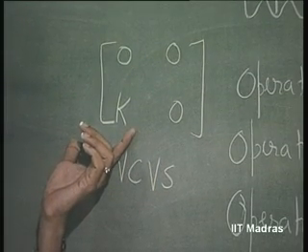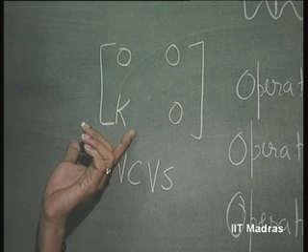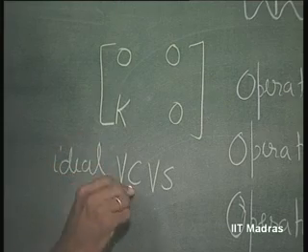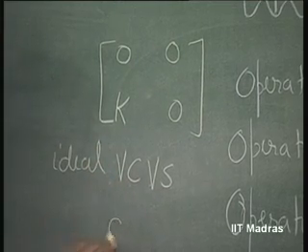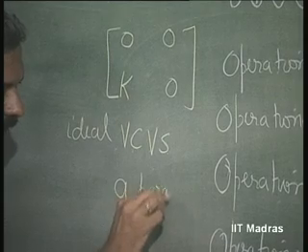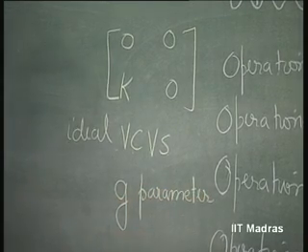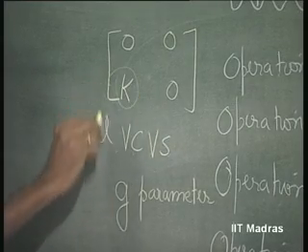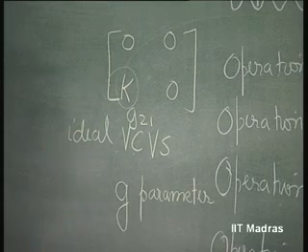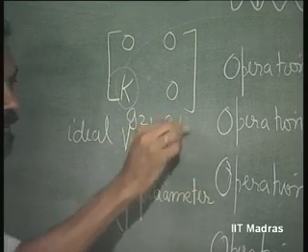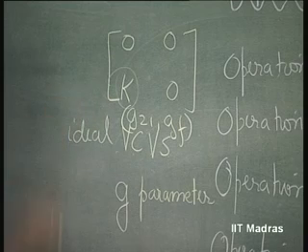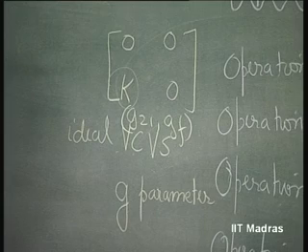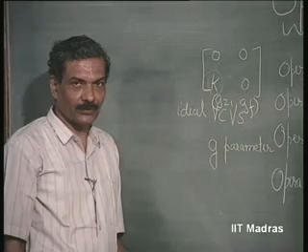This parameter, if you remember, there is only one way of defining an ideal voltage controlled voltage source, it can only be defined by using what is called G parameter. There is no other way you can define an ideal voltage controlled voltage source. And this G parameter, which is called G21, or this is also called G forward, is nothing but open loop voltage gain, it is called voltage gain, voltage transfer ratio.